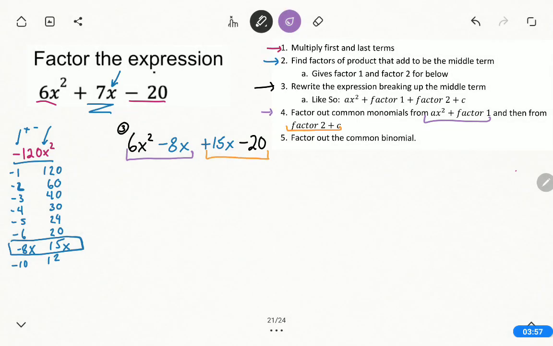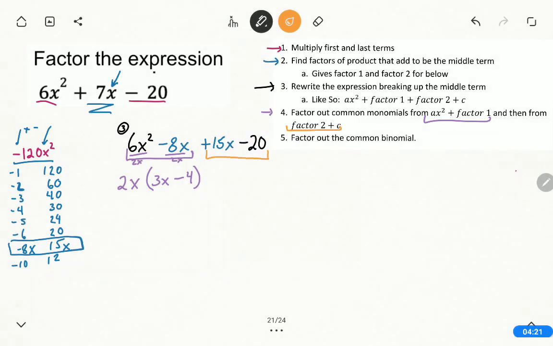So starting with the first grouping, the number that goes into both terms is 2. There's also an x in both terms, so we'll pull out 2x. If I divide both terms by 2x, that's going to give me 3x minus 4.